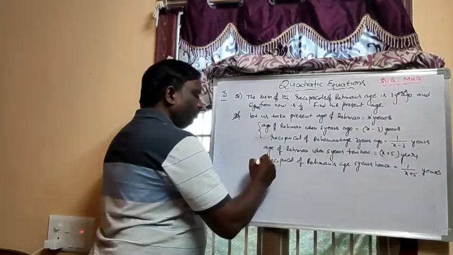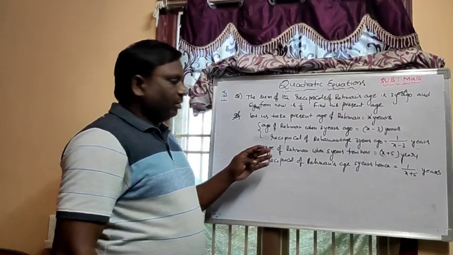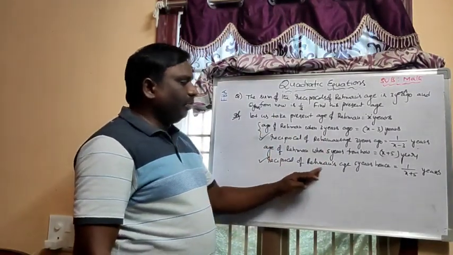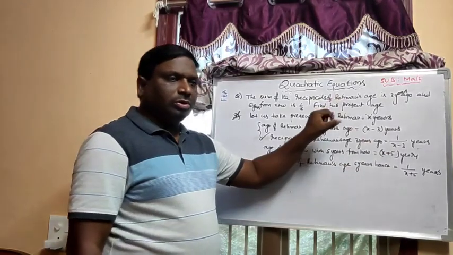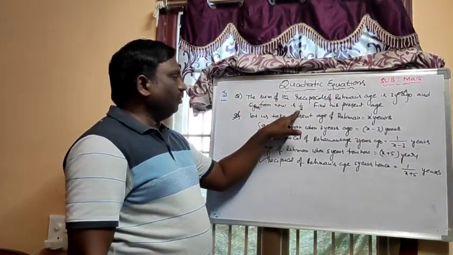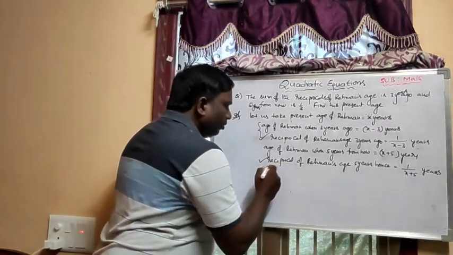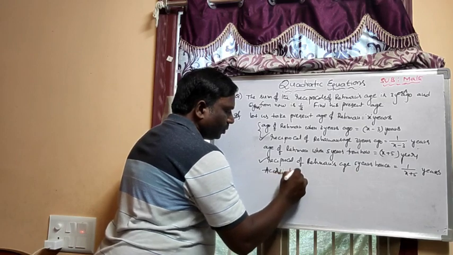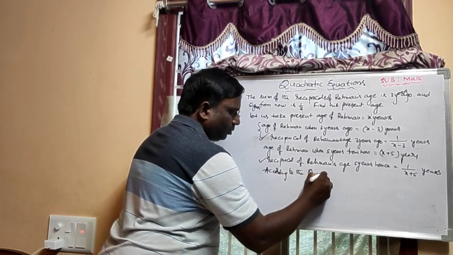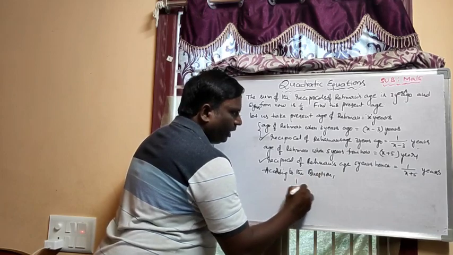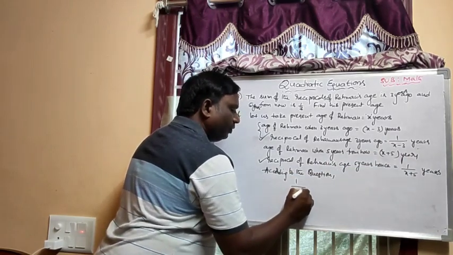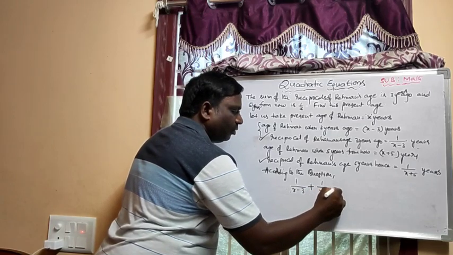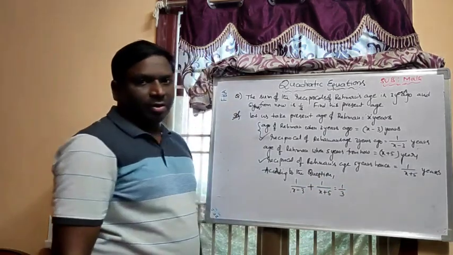So what they are saying is: the reciprocal of Rahman's age 3 years ago plus the reciprocal of his age 5 years from now equals 1 by 3.